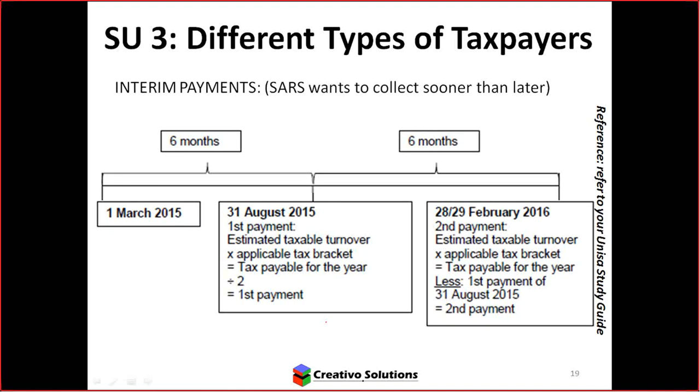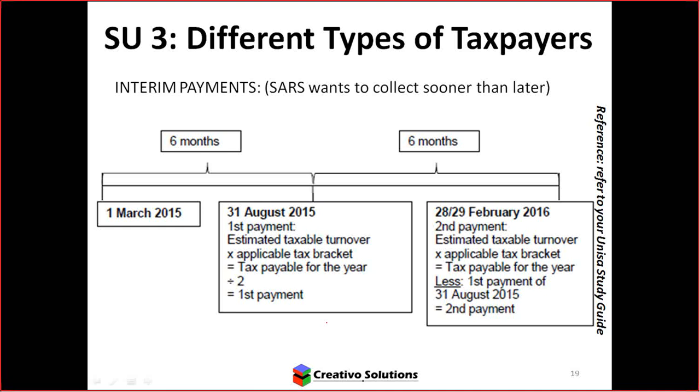Alright, the last bit we need to look at tonight in terms of theory is the interim payments. What is an interim payment? Have you heard of this before? Paying a bit of your tax during the year, I suppose.